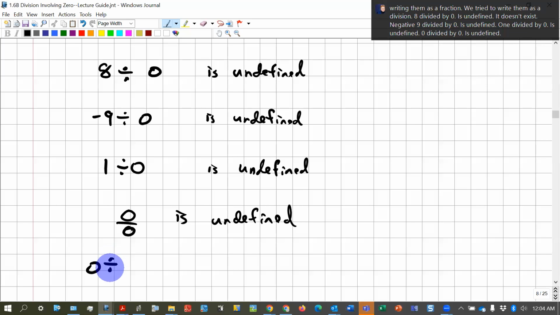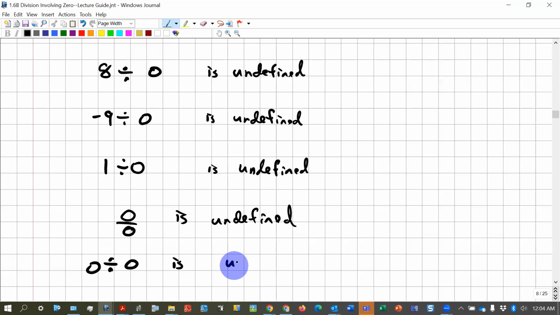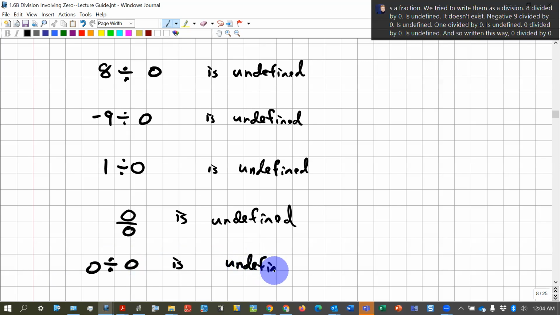And so written this way, 0 divided by 0 is undefined.